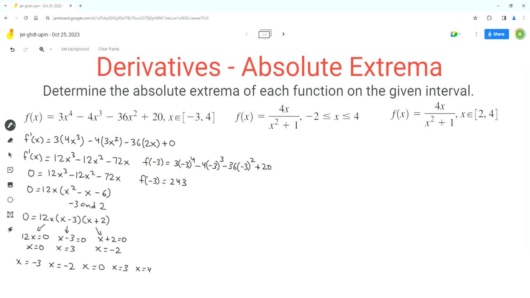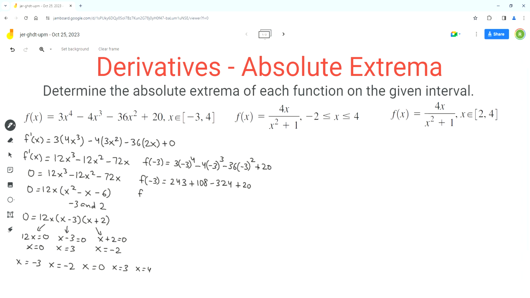Then -4 times -3 cubed is equal to positive 108. And then -36 times -3 squared will be equal to -324. And then plus 20.